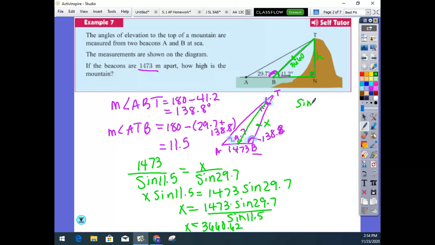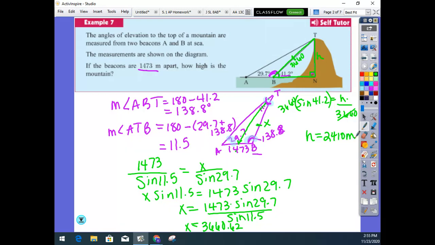So I'm going to take sine of 41.2 equals my height over 3660. So then I'm going to multiply both sides by 3660 to get h by itself. And I believe it is 2410 meters.